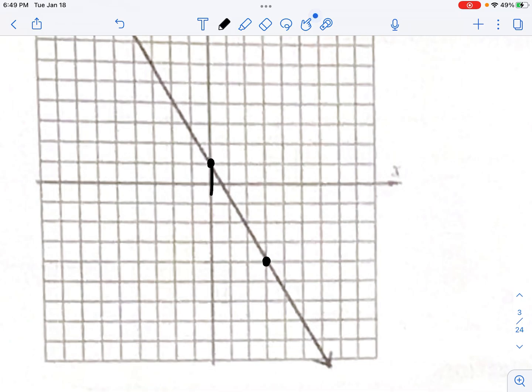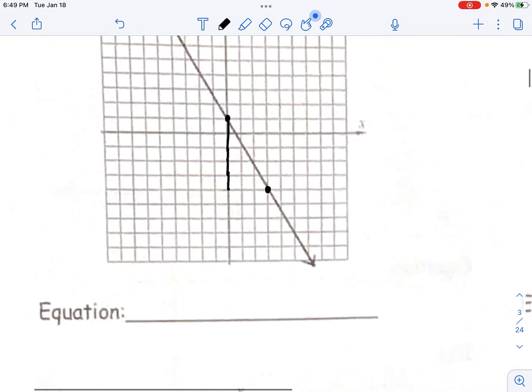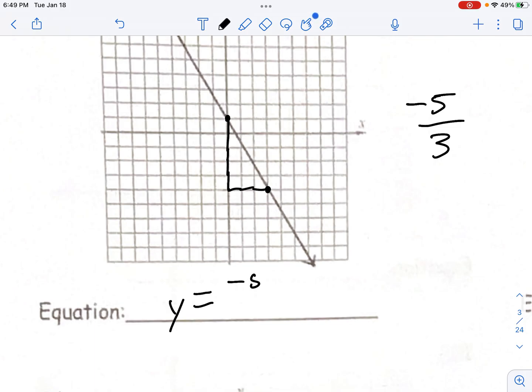We're going to go down 1, 2, 3, 4, 5. So down 5, right 1, 2, 3. So y equals negative 5 over 3x. And then my y-intercept is right there at positive 1. So plus 1.